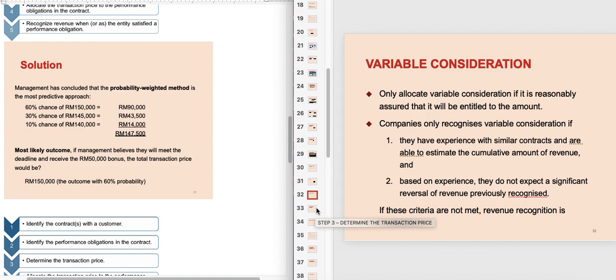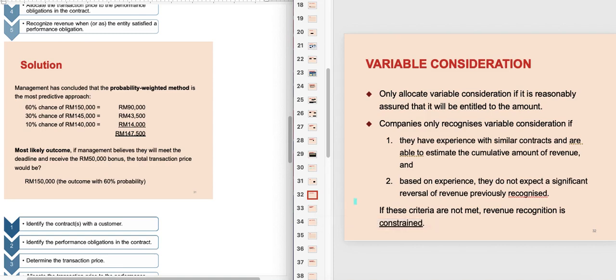It can happen when the contract has a large number of possible consideration amounts. You are not sure what is the best outcome to identify the revenue.